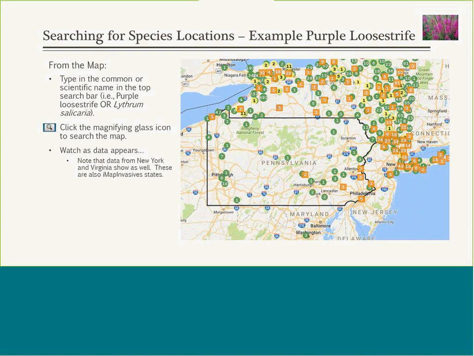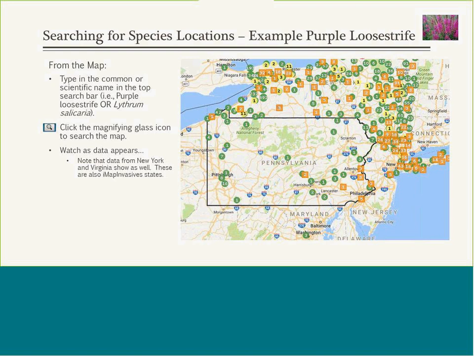Now keep in mind that you're logged into the Pennsylvania-specific version of iMap, so if you click on any data in a state outside of Pennsylvania, it will only bring up a very short version of the data. You won't be able to open up the full record from the Pennsylvania database.